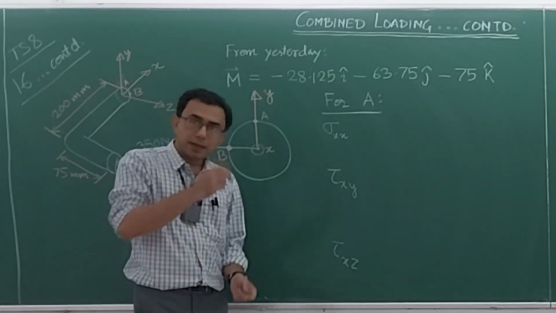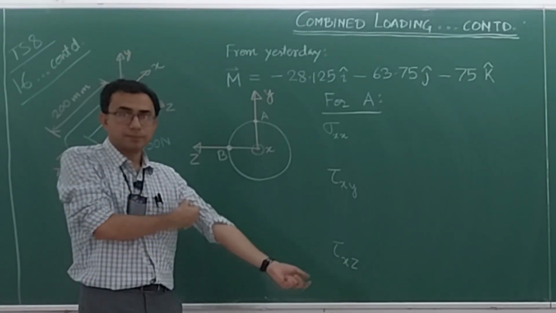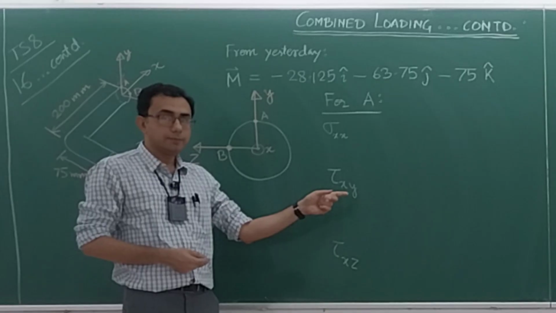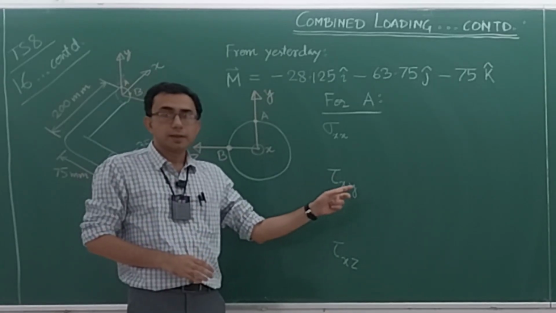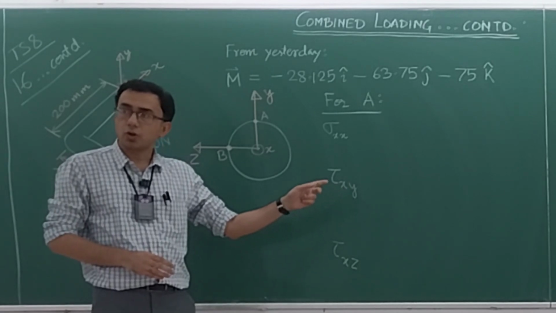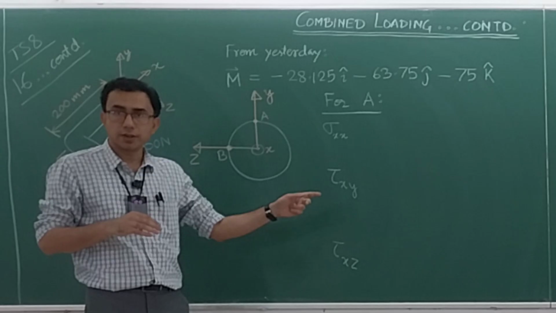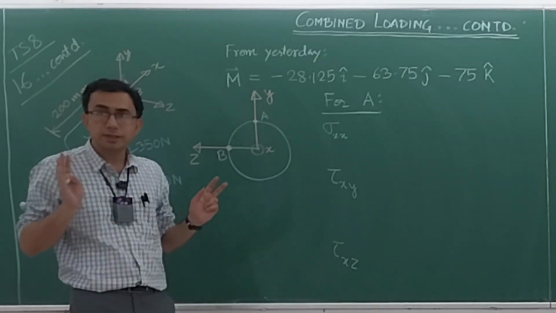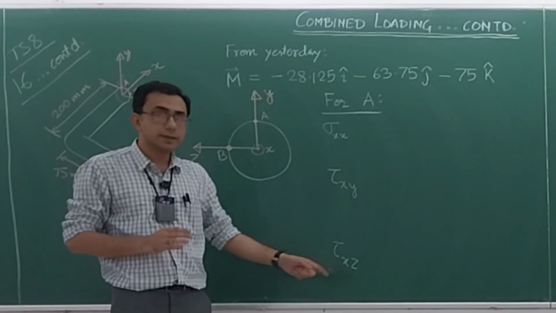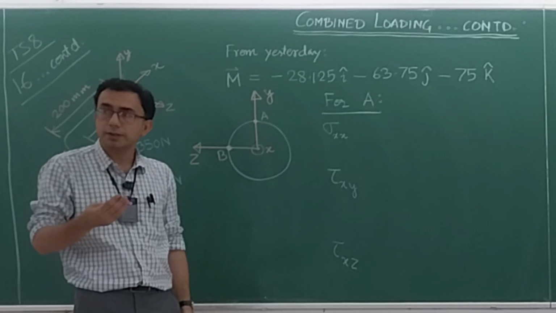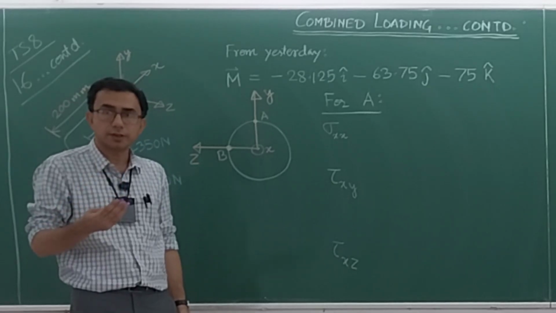I'm trying to deliver this to you in a very structured fashion, step by step. In tau xy, there will be a contribution from torsion as well as the transverse shear. So have this setup in your mind. Within each of tau xy and tau xz, there will be a contribution from the torsion and a contribution from the transverse shear.